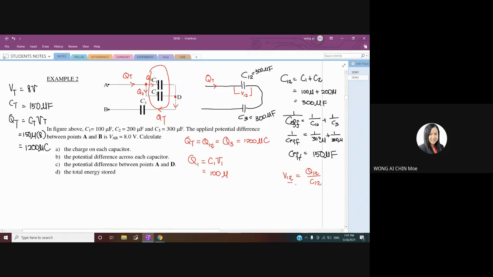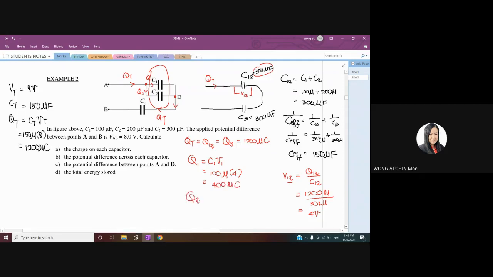Q12 is actually our Q total, 1200 microcoulomb, and C12 we already found, 300 microfarad. So this is 4 volt. Substituting 4 volt, you will find that Q1 is 400 microcoulomb.